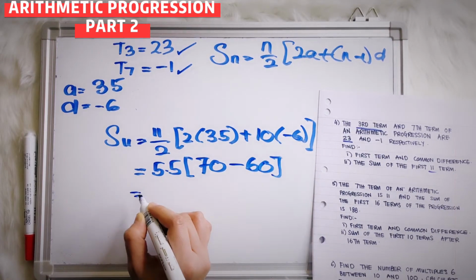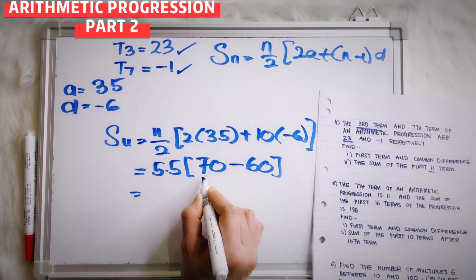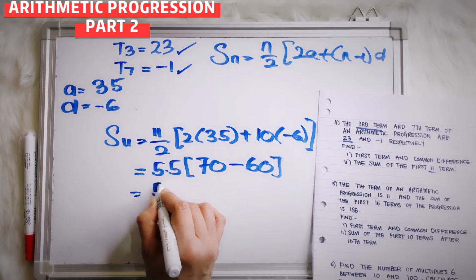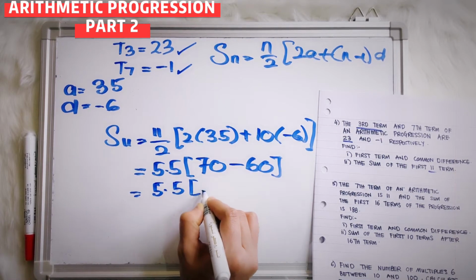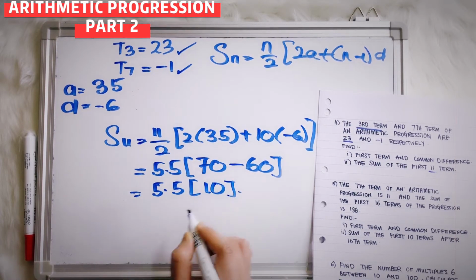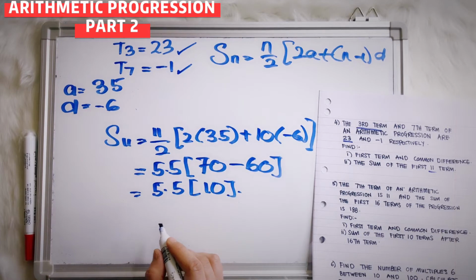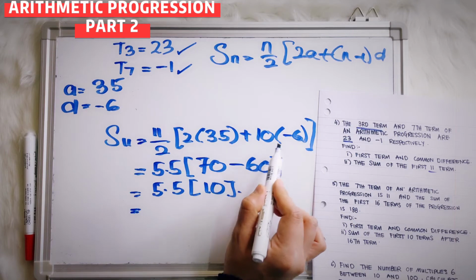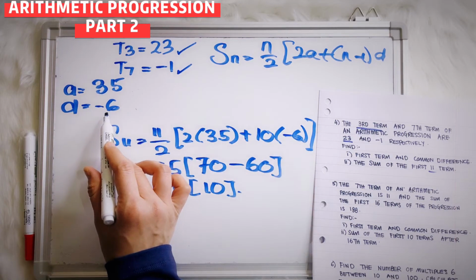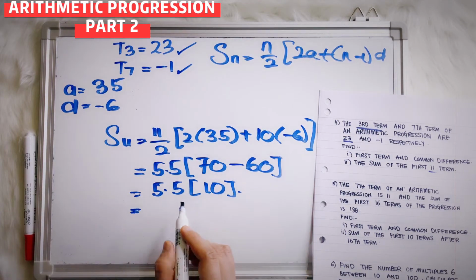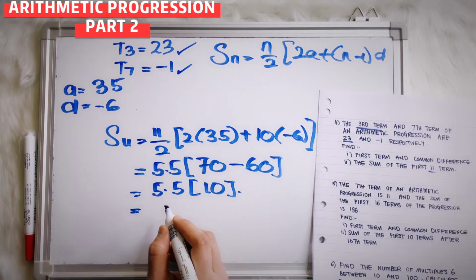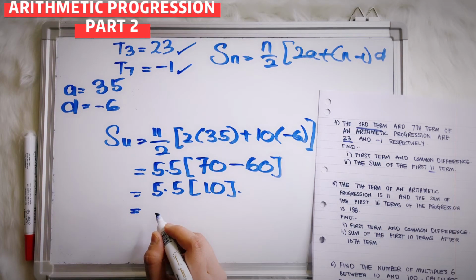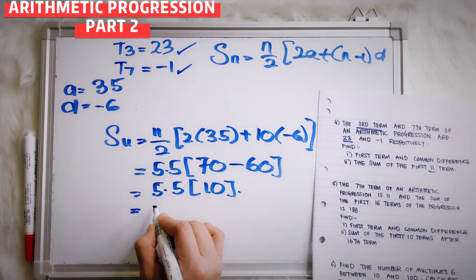Alright, so 70 minus 60, sorry, we have 10, correct? So we have 11 over 2 times 10, sorry, 55.